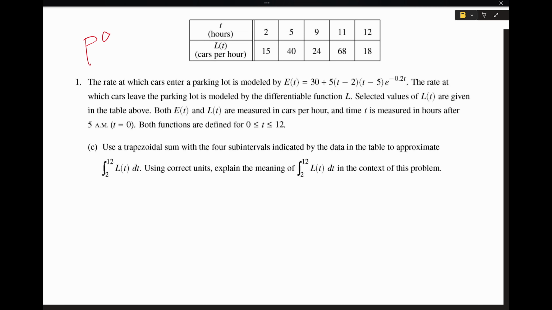Again, please pause to have a look at the question first. Okay, the key information of this question would be the trapezoid sum. If we look at, let's say, the first trapezoid, we can have a simple graph here to see what's going on.